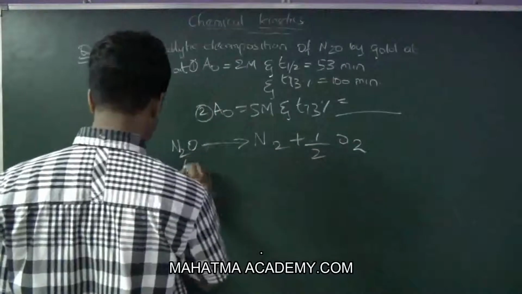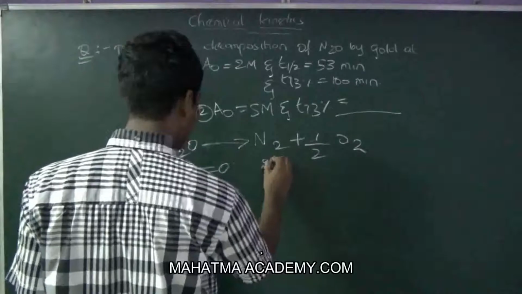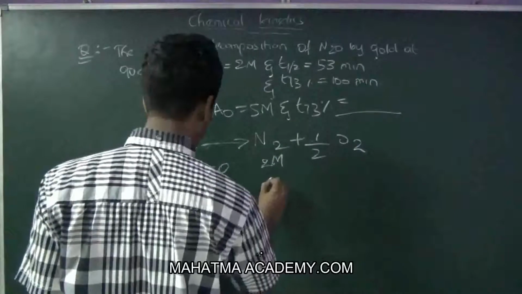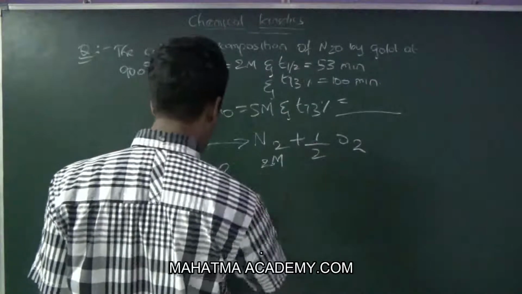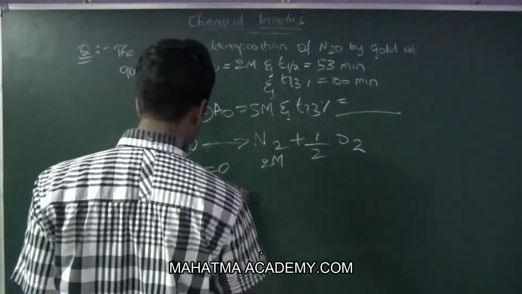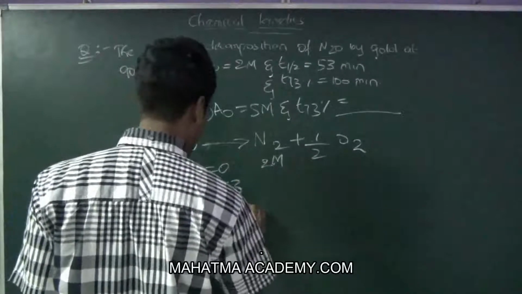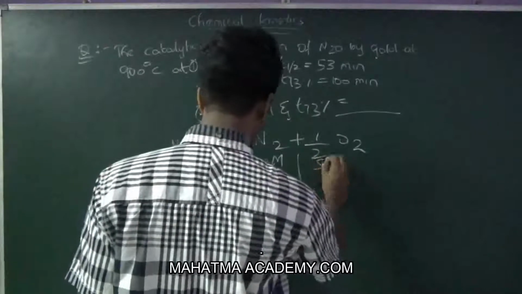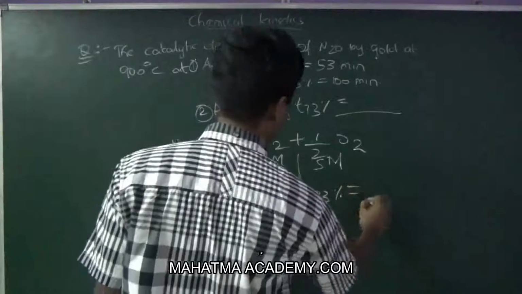At t is equal to 0, initially it is 2 molar, and at t is equal to t half, the time is 53 minutes. T of 73% is 100 minutes. Now it is 5 molar, the t 73% is dash.